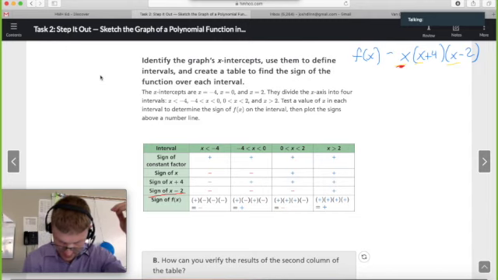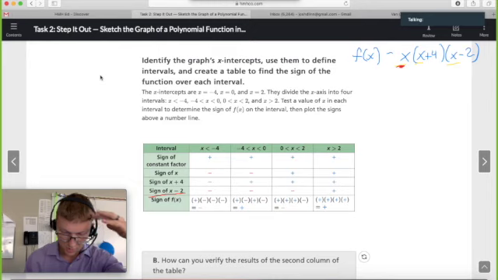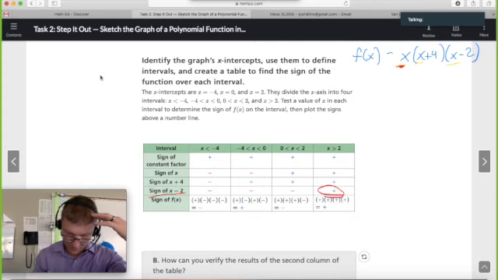Negative 1 minus 2 is still negative. 0 to 2, so let's try 1. 1 minus 2 is still negative 1. So that's going to be a negative. And then if it's greater than 2, so like 10, 10 minus 2 is a positive number. So that is where they got all of those signs.